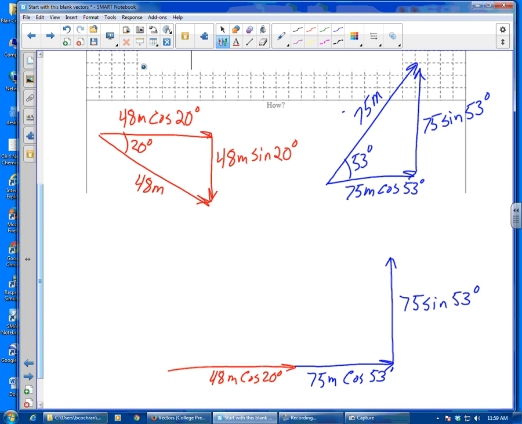I'm going to add to that my A vertical. Oh, my A vertical doesn't go up, it goes down. So it's like that. And it has this value of 48 meters sine 20 degrees. So my final C vector starts here, goes to there.